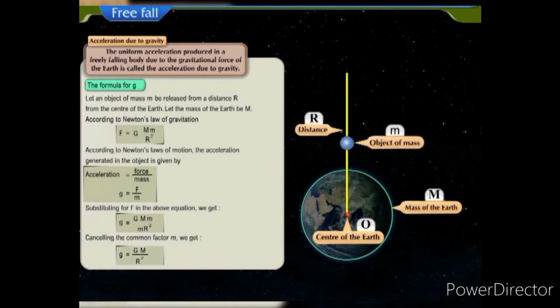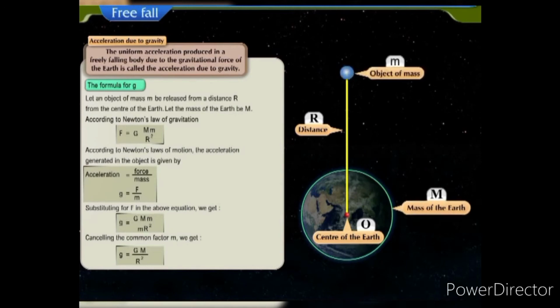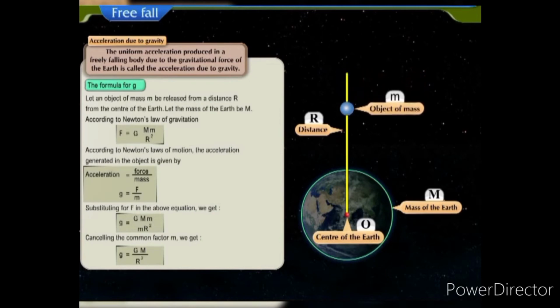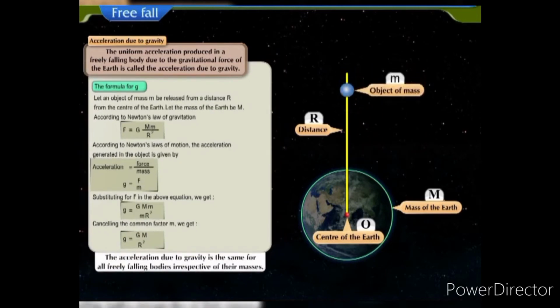From the above relation, we can understand that acceleration depends on the mass of the earth, M, and the distance of the object, r, from the center of the earth. It does not depend upon the mass of the falling object. Thus, acceleration due to gravity is the same for all freely falling bodies irrespective of their masses.